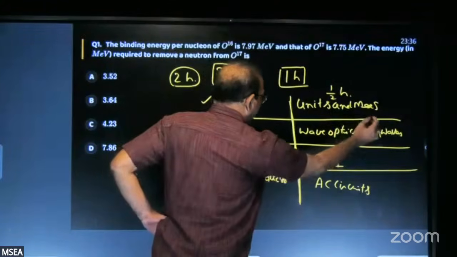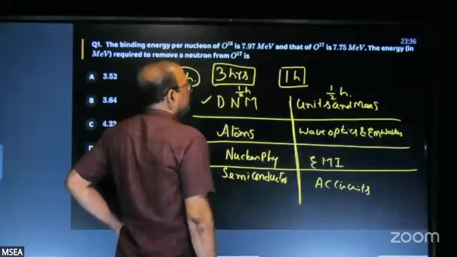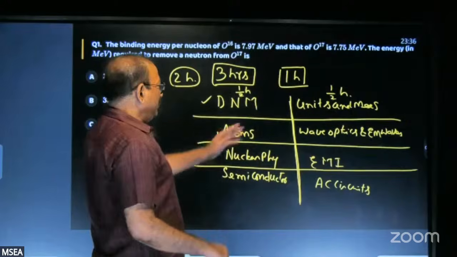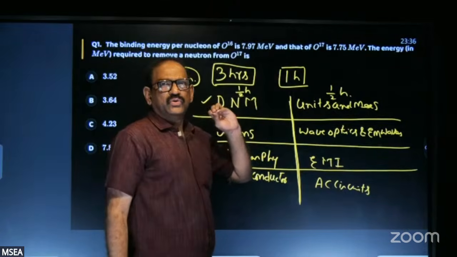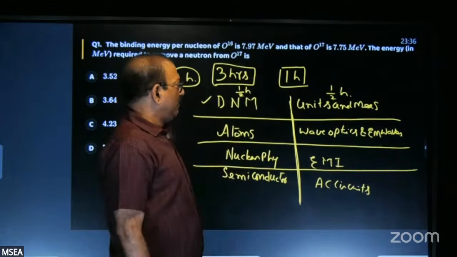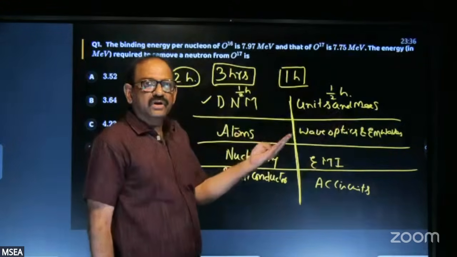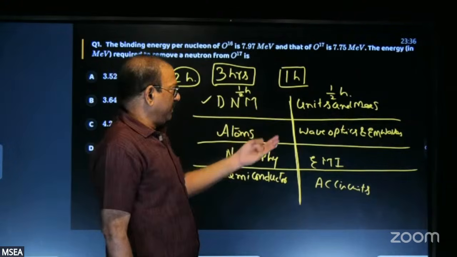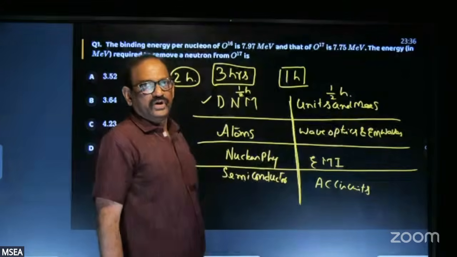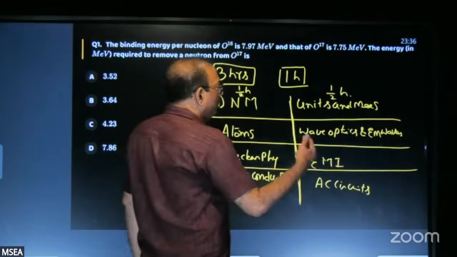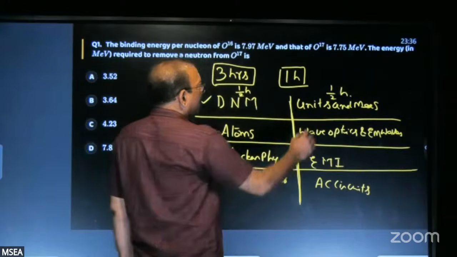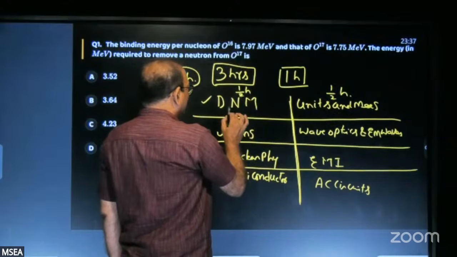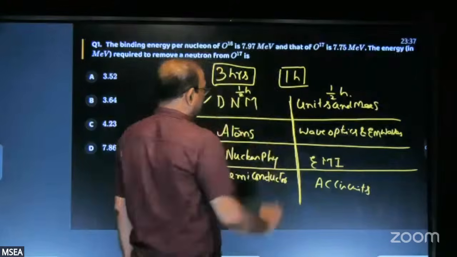Another half an hour, units and measurements, revision of points. In units and measurements, mostly you need to practice more problems based on dimensional analysis, error analysis, and measuring instruments, vernier caliper, screw gauge. In this chapter, half an hour, some 15 problems you do today. Dual nature of matter, half an hour.